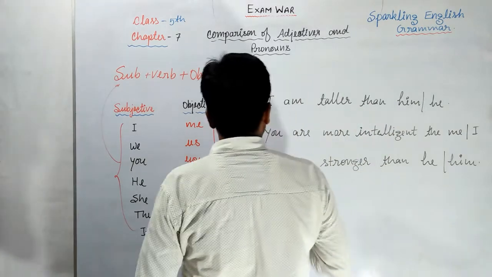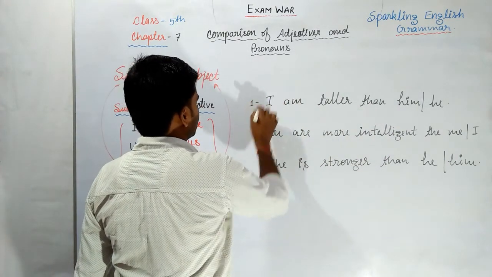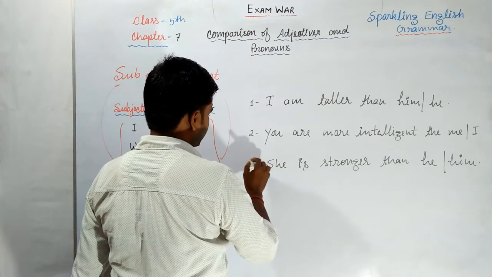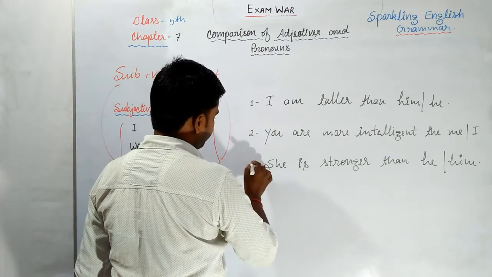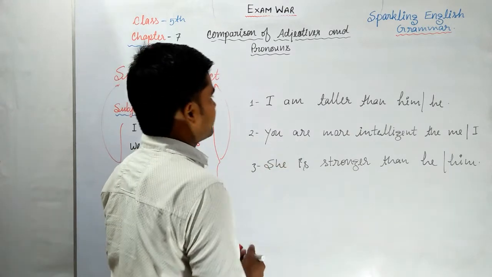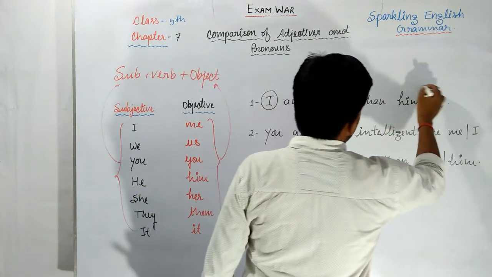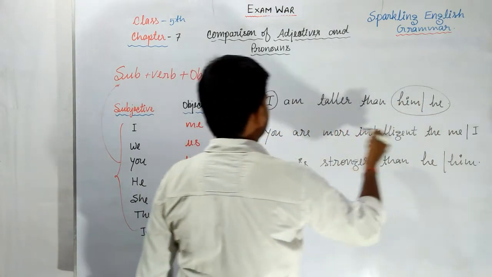So dear students, through these three sentences we will discuss the rule of comparison. Rule of comparison. In the first sentence, I compared I with any of these two words, whichever is right.